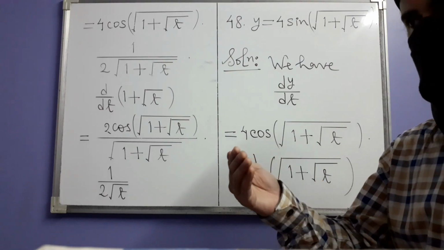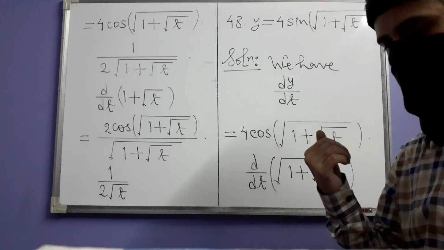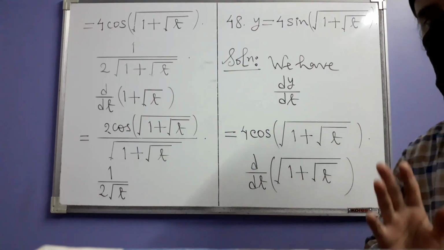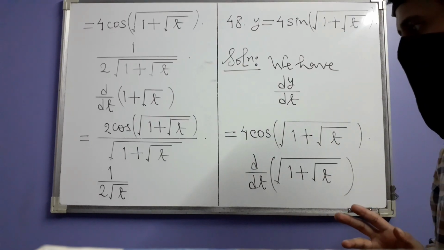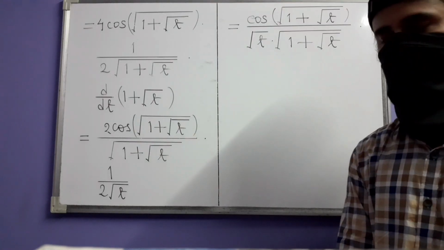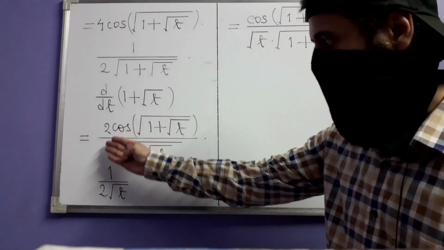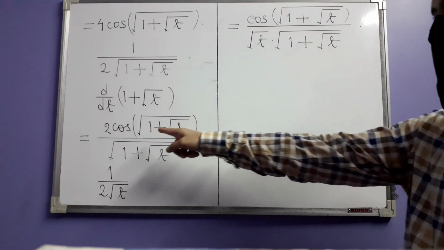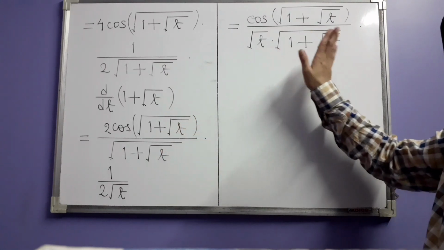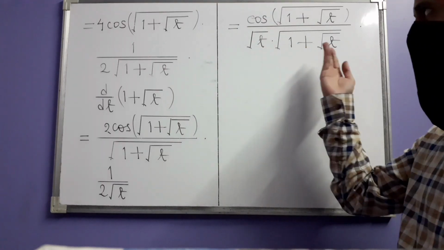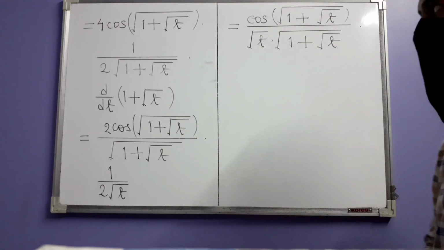I mean you have gone to the innermost room and there is nowhere else to go. So now what are we getting from this? So in the next step, after cancelling this 2 and this 2, this is how you get the answer. Cosine of this divided by this times square root of 2, and that multiplication happens in the denominator.